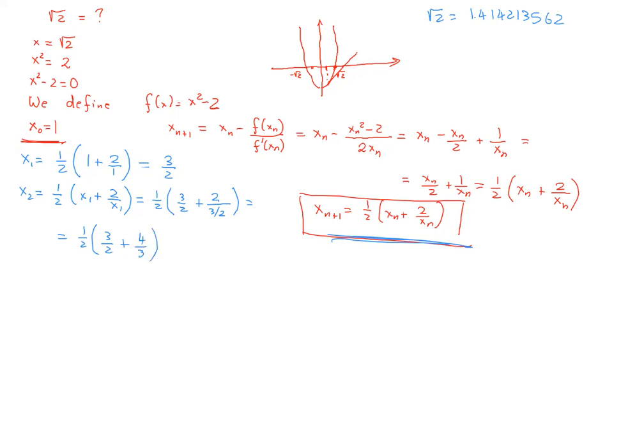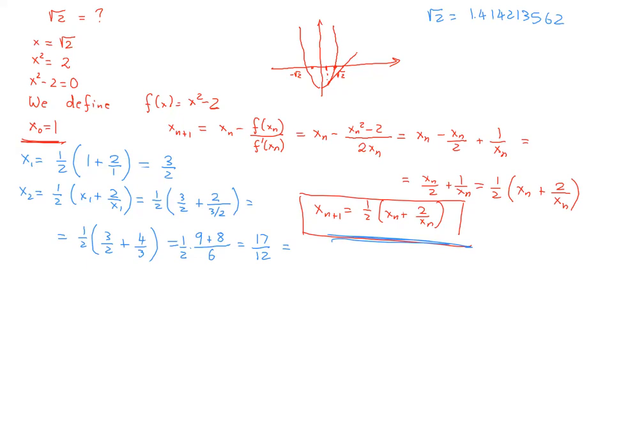Okay, so let's clear denominators in the parentheses. So we will have 9 plus 8 over the common denominator 6. I just cross multiply and we have the 1/2 right in front. And that will give us 17 over 12. So our second guess, or if you like, our third guess, given that the very first guess was 1, is 17 over 12.